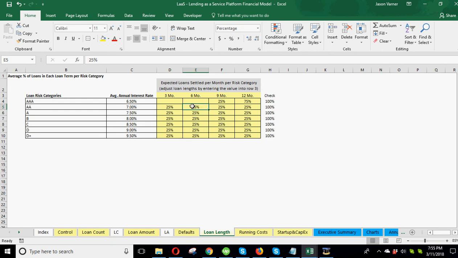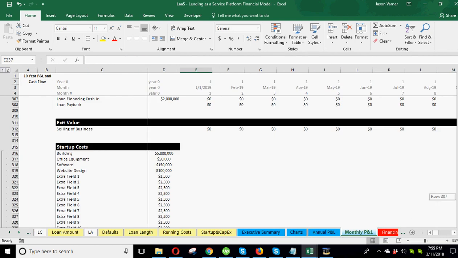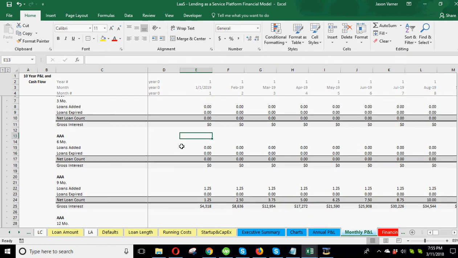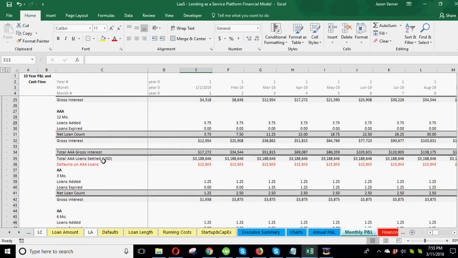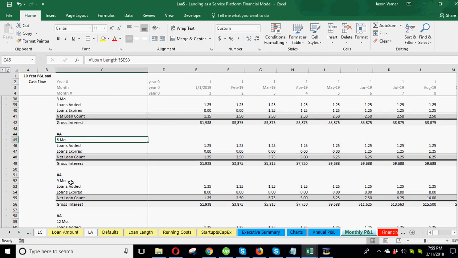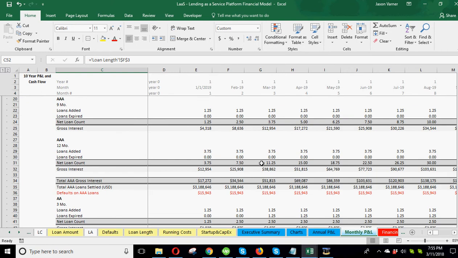Based on these assumptions, you can see we've done it monthly, where you can see the AAA performance, the AA, by each, 3 months, 6 months, 9 months, and so that's pretty granular.